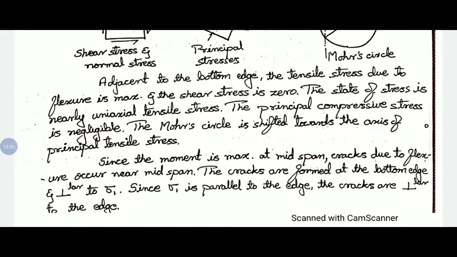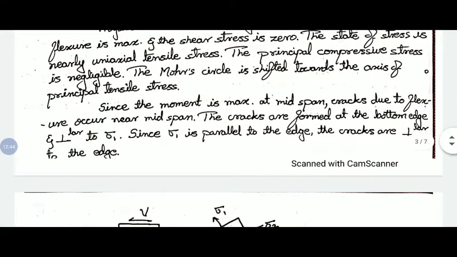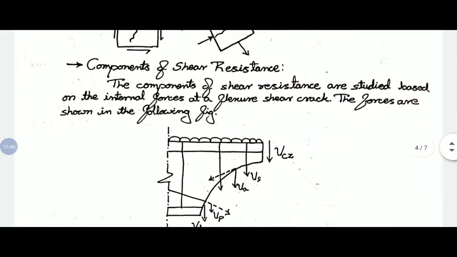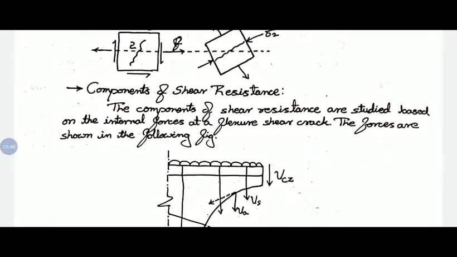But in this case, sigma 1 is along the axis and cracks developed are perpendicular to the axis. So that you can observe here in this figure. That is the first thing: how the stresses will develop in the uncracked beam.